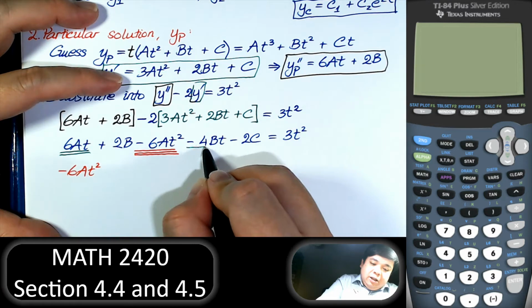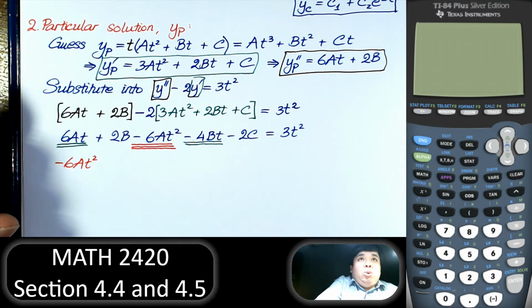One here, and there 2. Factor out the t.